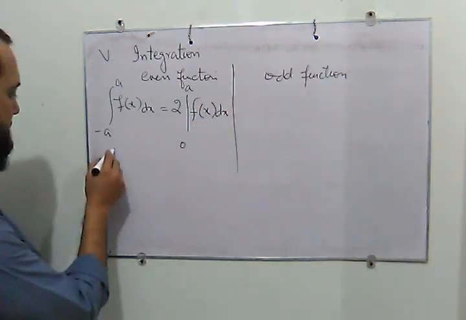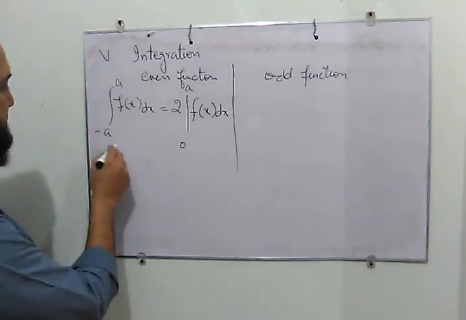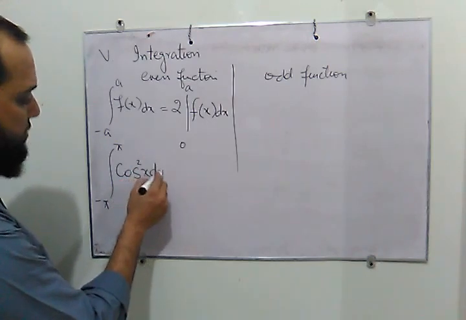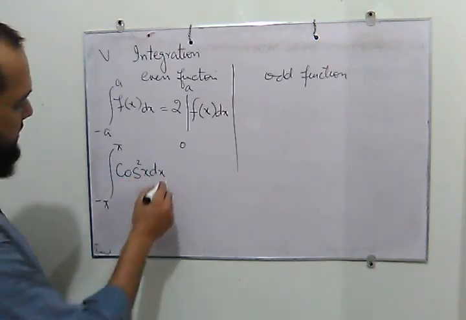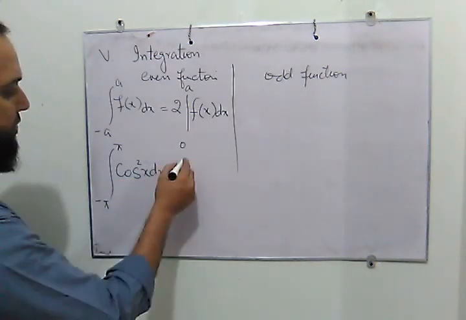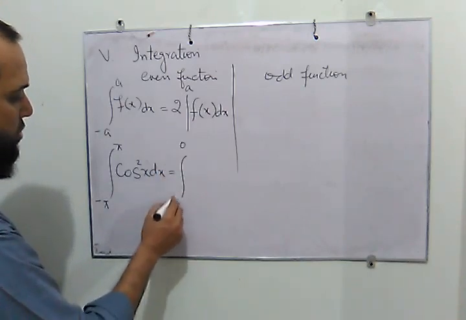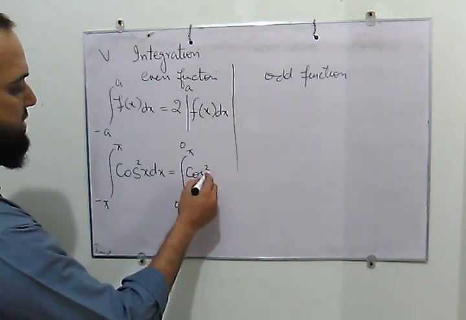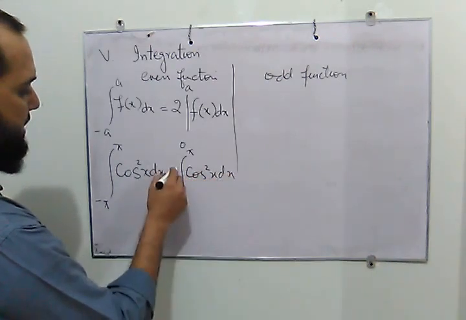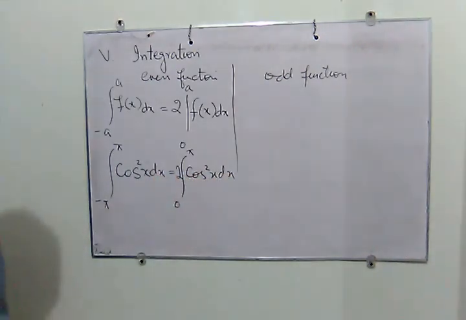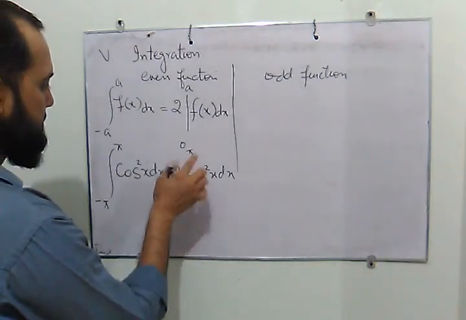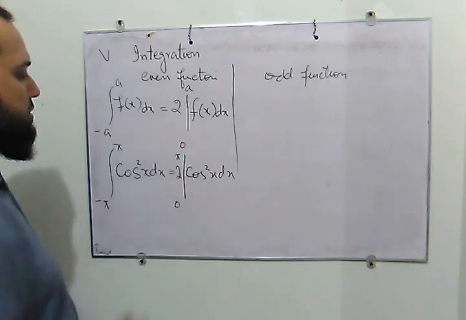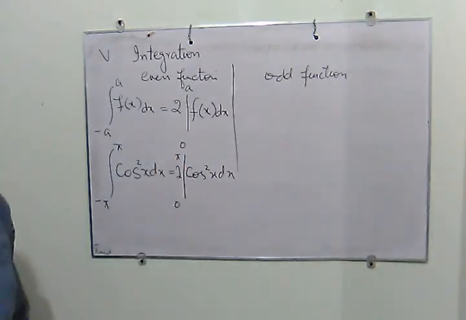For example, we have minus pi to pi and we are going to integrate cos square x. Then if we take the half range, for example 0 to pi, this cos square x becomes twice the integral of the function.